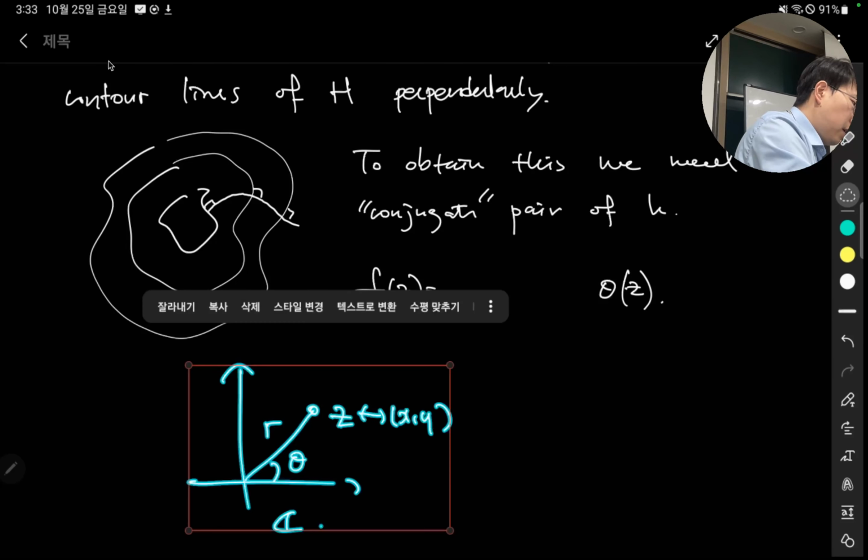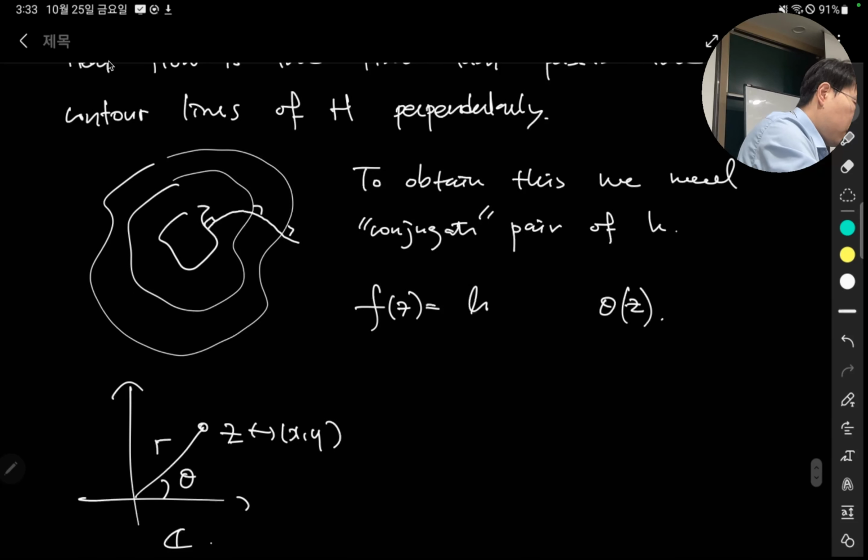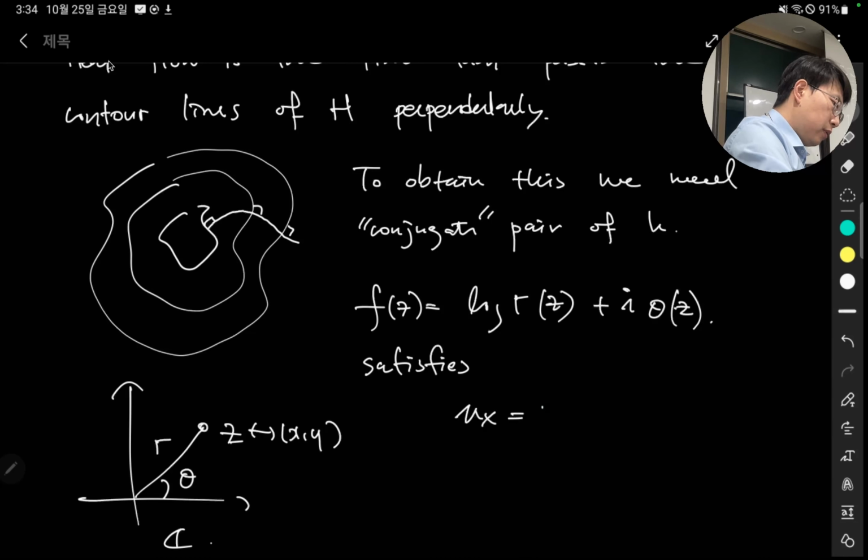So now once you have this r theta notation, you can define the function log of r plus imaginary number i times theta, as a function that satisfies the following equations: ux equals vy and uy equals minus vx.